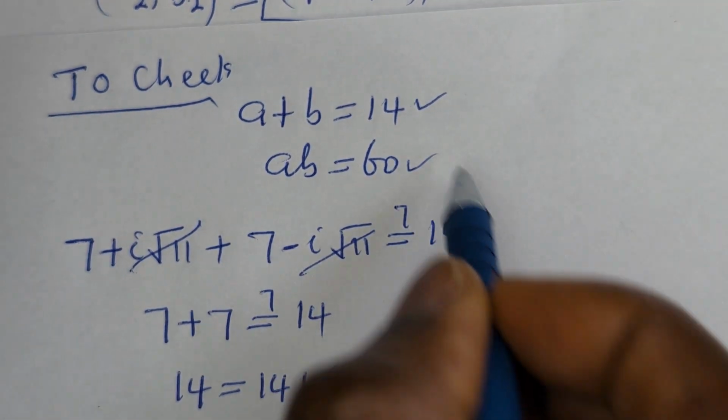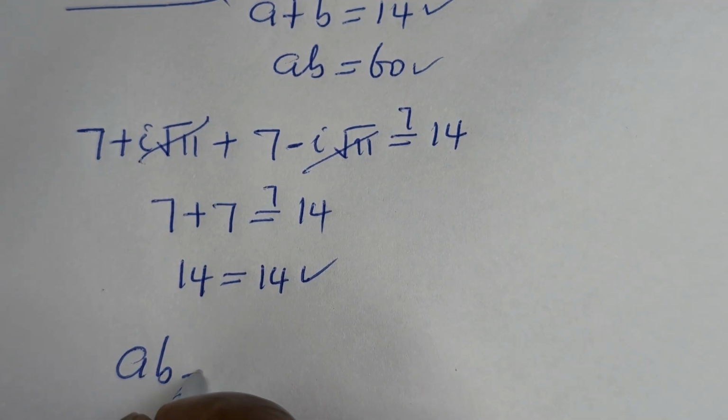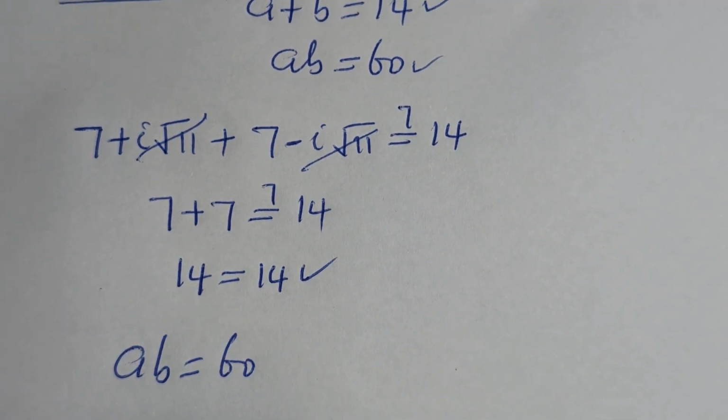Now let us consider this. AB is equal to 60.